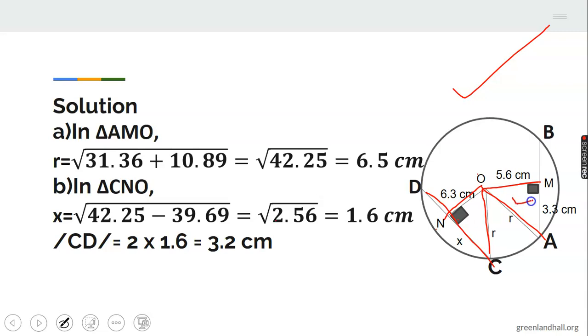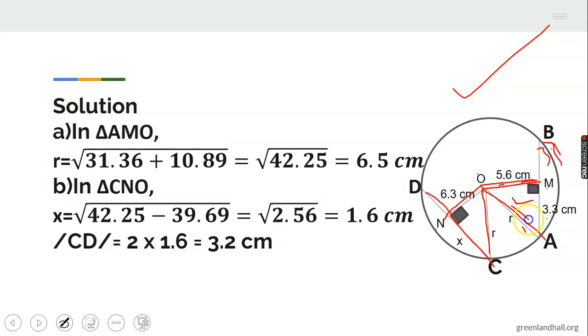This triangle here, because here is 3.3, because this is the midpoint of this chord. The chord is 6.6, so it will bisect it to here will be 3.3, and here is 90.